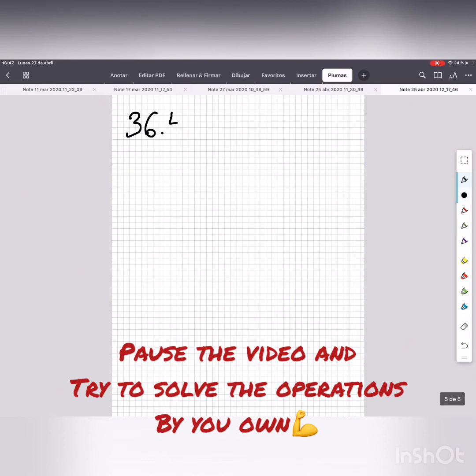Now, another example. Once again we have to follow the 4 steps. The first one was to write the large number, the first one, on the top of the operation.